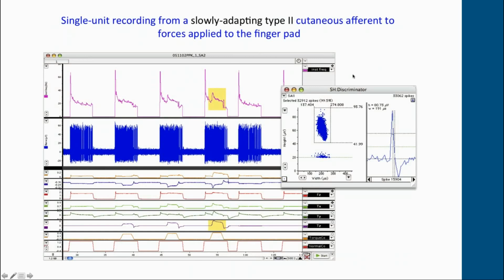This shows a screenshot from the Spike Histogram window discriminator, where we can put windows around this cluster of spikes. We can see the individual spikes on the right. This is in the Macintosh version. I'm used to the Mac, but I should say that the Windows version has much better functionality.